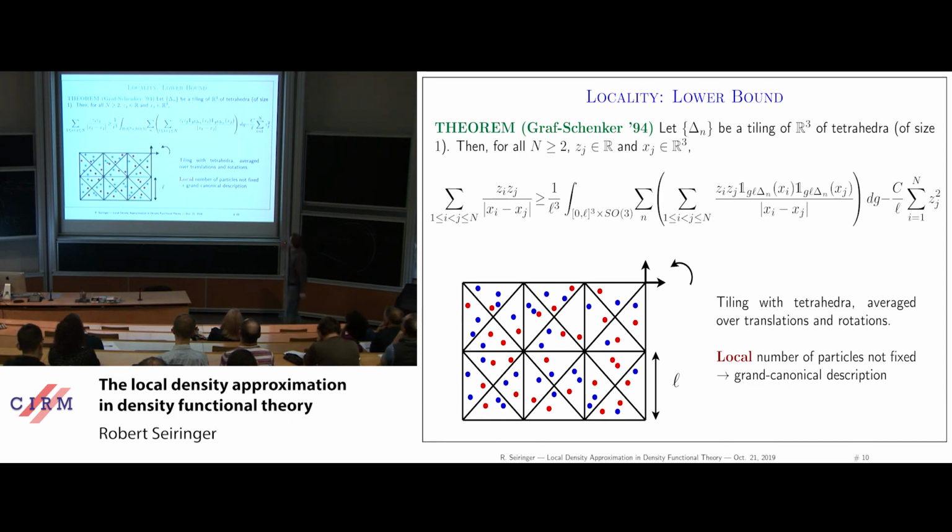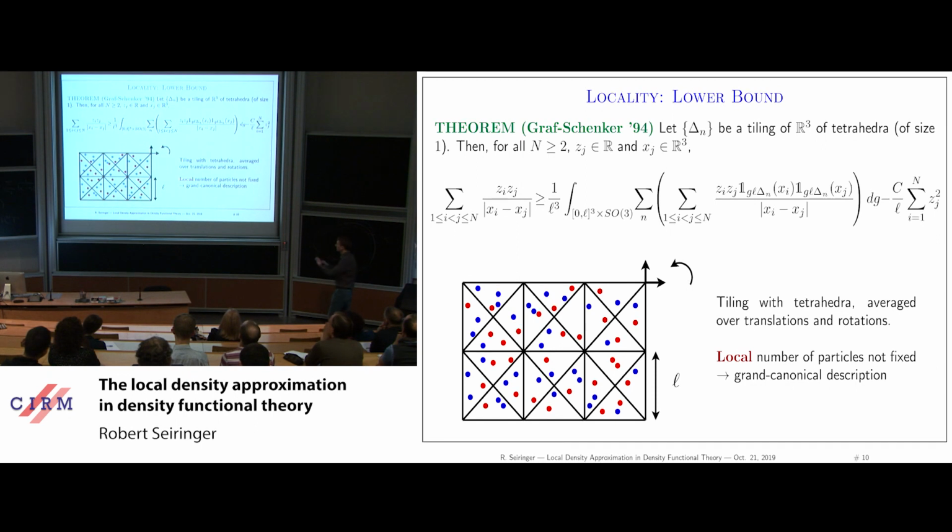up to an error which is small if L is large, meaning you have a 1 over L error, naturally from the scaling, the 1 over length from Coulomb, times basically the number of charges, if you think of the z's being plus or minus 1. More generally, it's the sum of the z squareds.